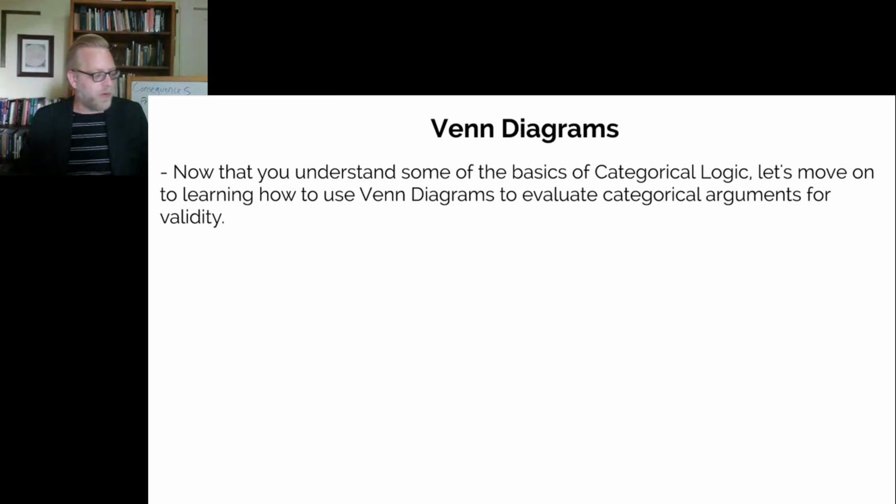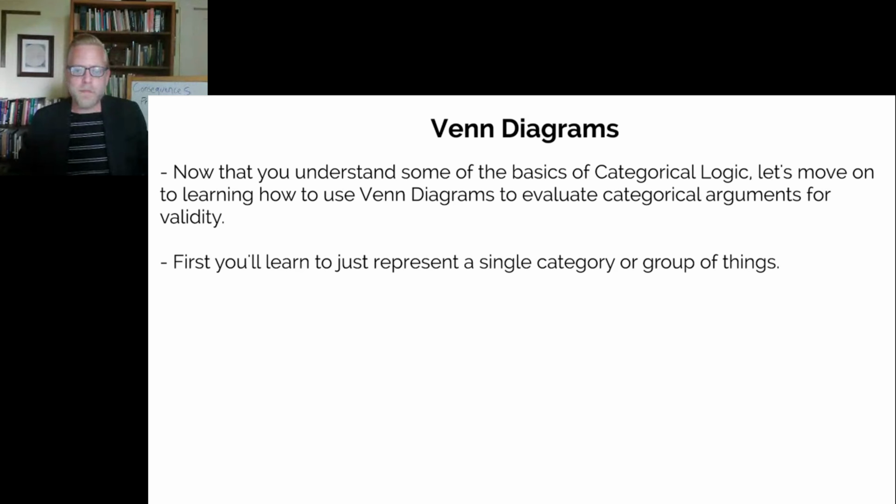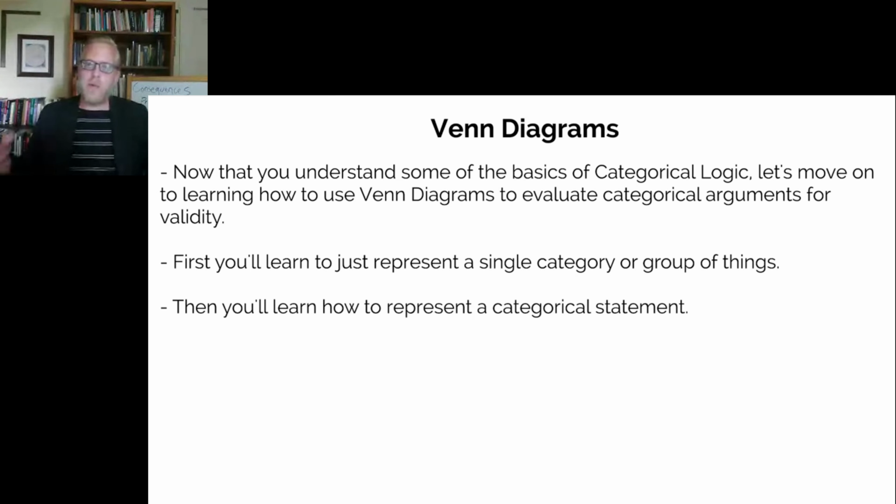And now we get to the real stuff, the real machinery of how categorical arguments work. First, we'll think about representing a single category, or a single group, or a single club. Then we'll think about how to create a categorical statement using two circles. Because remember, every categorical statement has a subject and a predicate, so there are always two categories involved in a statement.